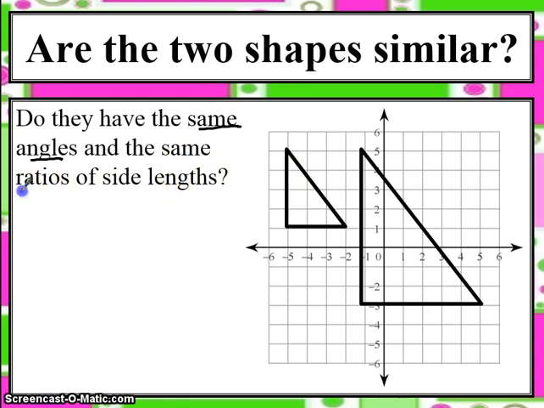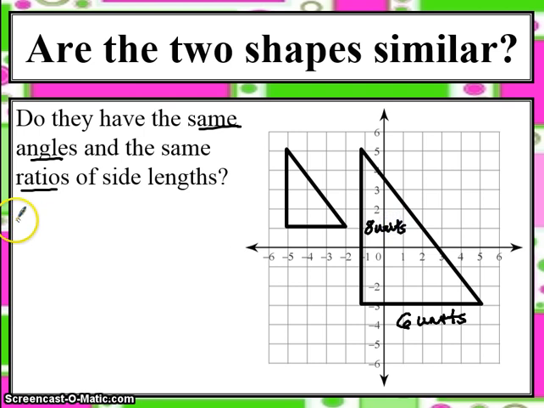Well, you know that a ratio compares two amounts. In this case, we can compare the base and the height of each triangle by counting the units it has lying on the coordinate plane. So it has 1, 2, 3, 4, 5, 6 units as its base, and 1, 2, 3, 4, 5, 6, 7, 8 units height.